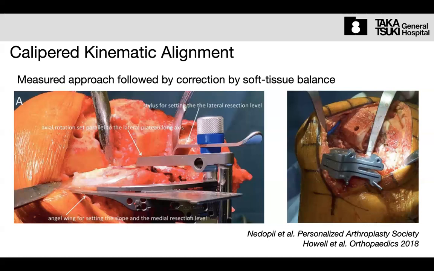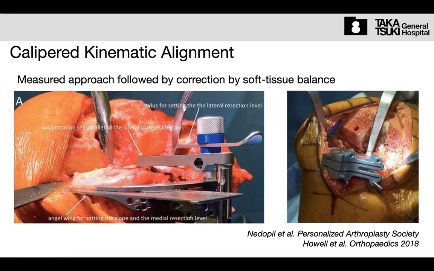Anyway, basically the caliper kinematic alignment cuts the bone following the posterior and medial slope. This is the technique to follow the patient's native slope: insert the angel wing into the cutting slot of the tibia cutting guide and adjust to the medial joint surface.